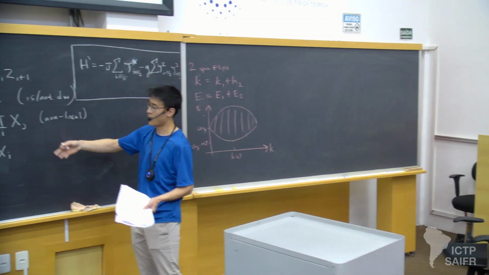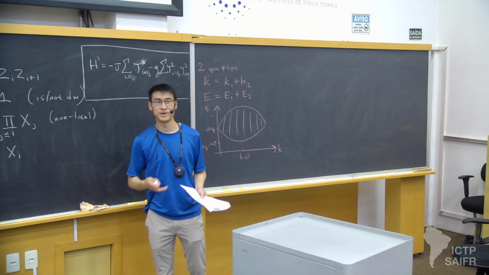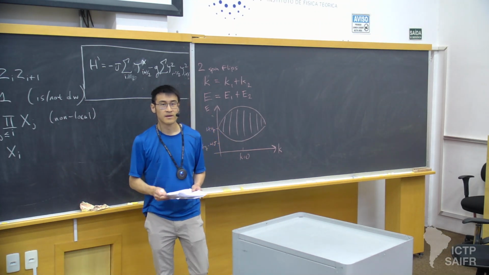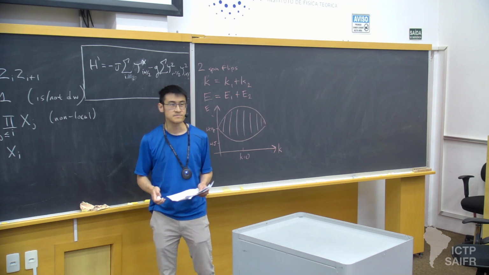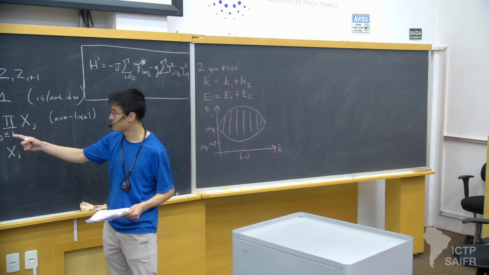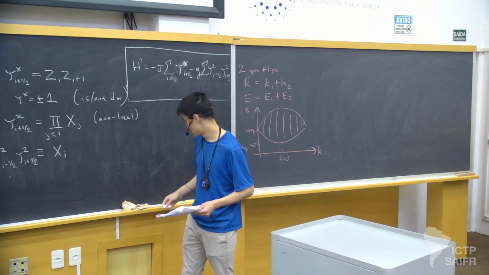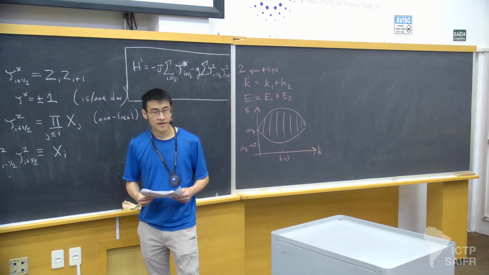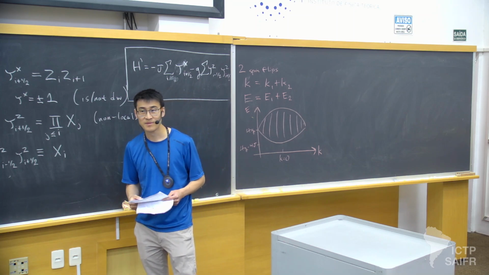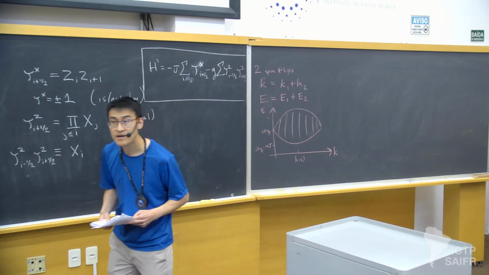So why are the tau variables not all independent? Sorry, what was that?